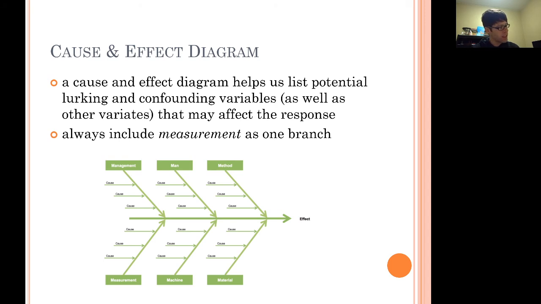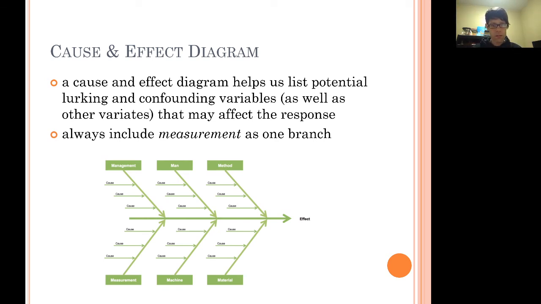All right, so the last thing that we want to do in this section is create what we call a cause and effect diagram. This diagram is essentially created just to collect all of the possible confounding and lurking variables, just so that we've taken some time to think about some of those background variables that could potentially cause a response as well.